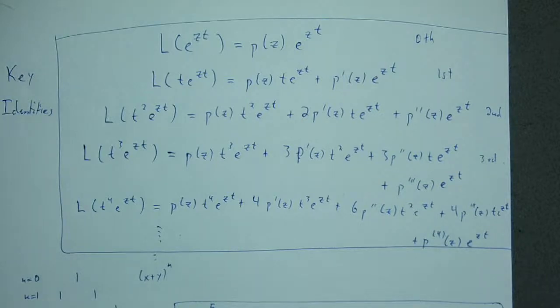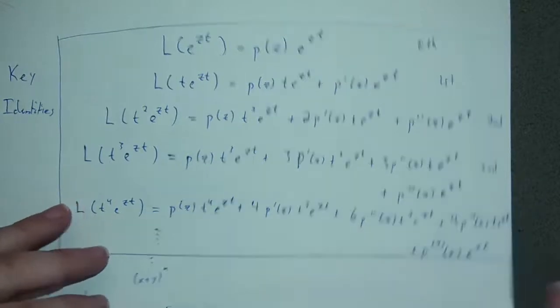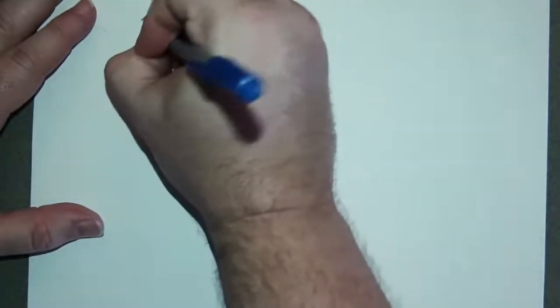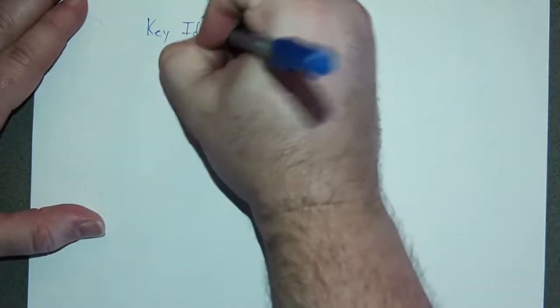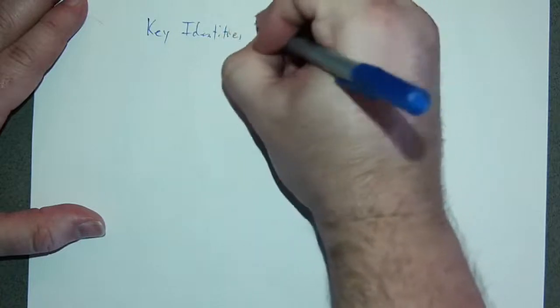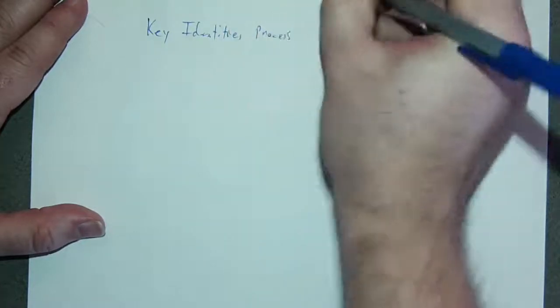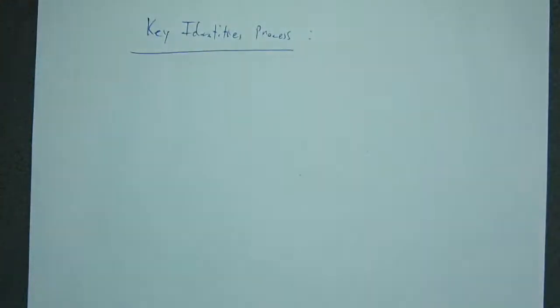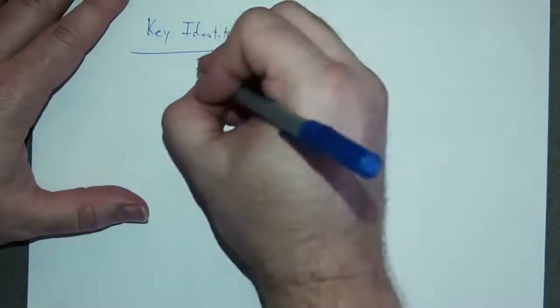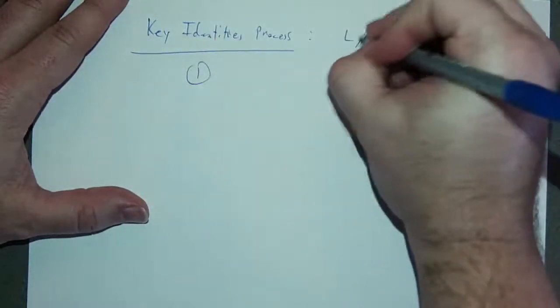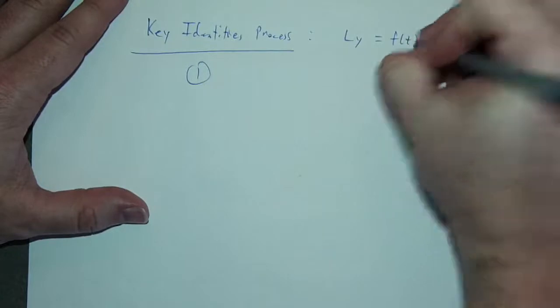How does this work? Well, how do you know how many of these you need? What is the process? So, here's the key identities process. Just like the undetermined coefficients process, the key identities process is similar. Key identities process. 1. So here's the equation in question.